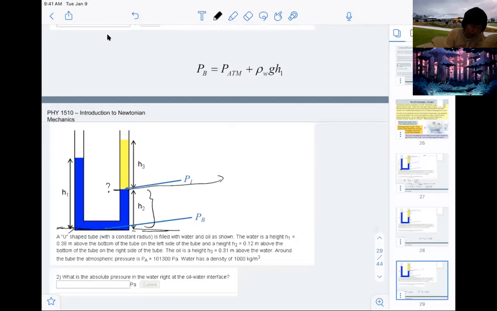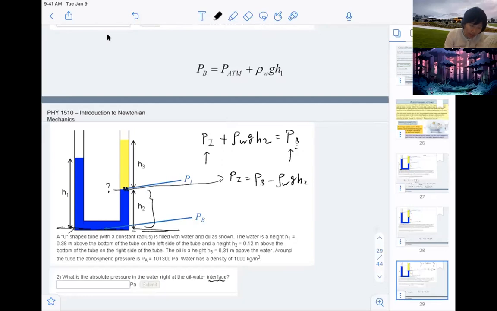So if you call the pressure at the interface, the water and oil interface, plus the extra pressure rho g H2, this extra water, it is going to be the pressure at the bottom. This one you already calculated, right? From your first part. And we can find the pressure at the interface to be the pressure at the bottom minus rho g H2.